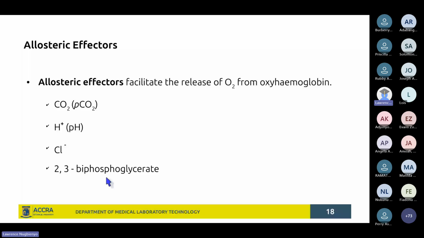And you see, what does it do? Biphosphoglycerate is produced normally in all red blood cells. You find 2,3-biphosphoglycerate binding to hemoglobin molecules.